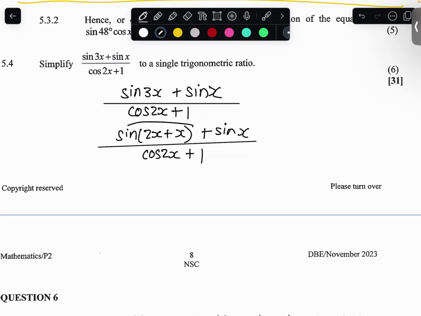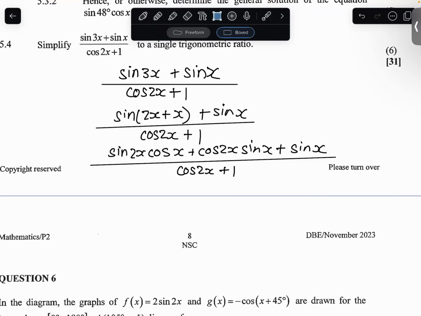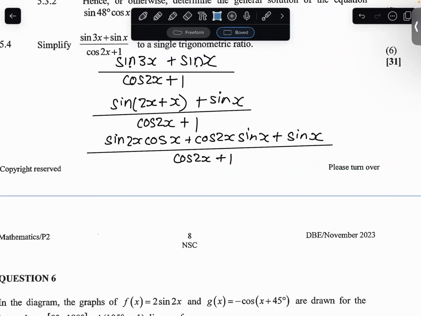This is going to be a sine compound angle. You're going sine 2x cos x plus cos 2x sine x plus sine x, all over cos 2x plus 1. At this point, I'm going to expand the sine double angle.